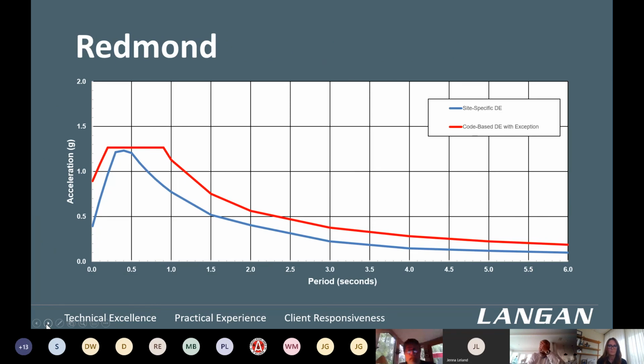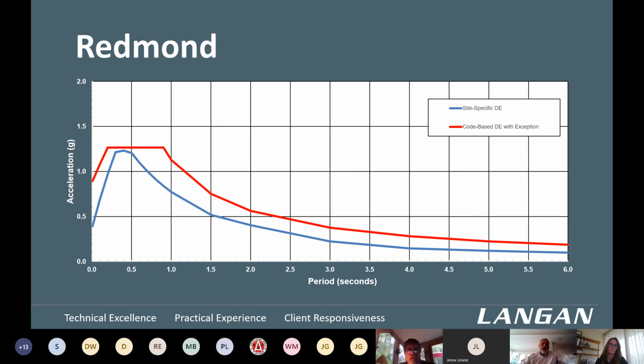So this slide is intended to give you an impression of what happens if one were to take those exceptions and not do site-specific. This is for a site in Redmond, as I previously mentioned.